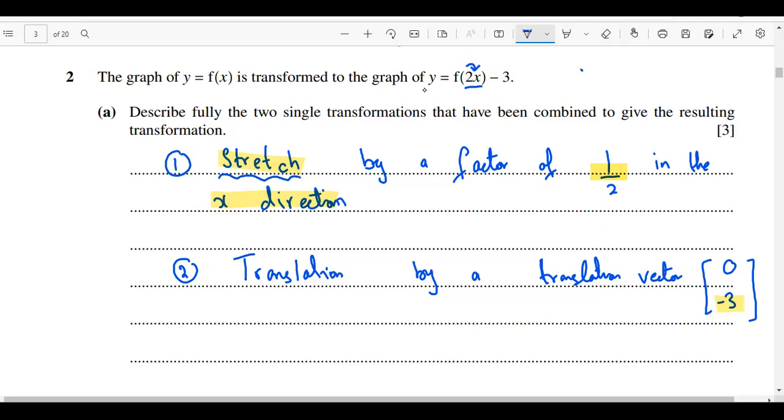If it was 2 into f of x, I would have said stretch by a factor of 2 in the y direction. Since it is being multiplied with x, things are opposite. We do 1 by this number, that is 1 by 2 in the x direction. Is that okay now?